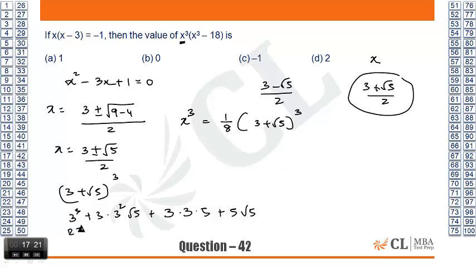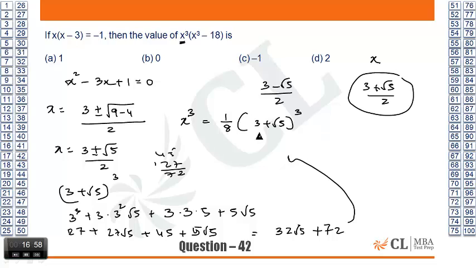So let's add all this: 27, plus 9 3s are 27 root 5, plus 9 5s are 45, plus 5 root 5. So 27 plus 5 root 5 is 32 root 5, plus 27 plus 45, which is 72.